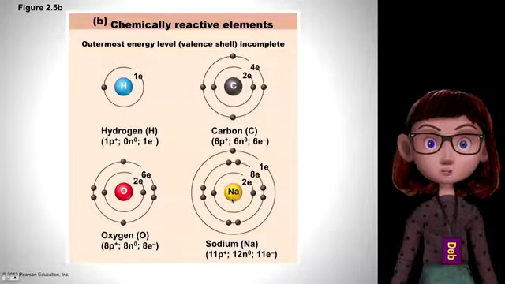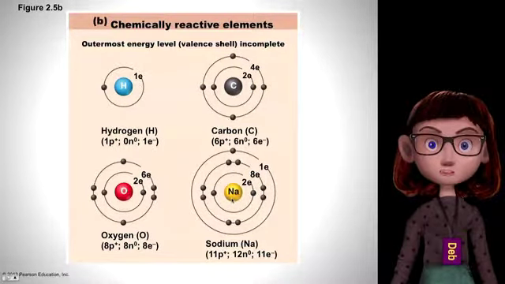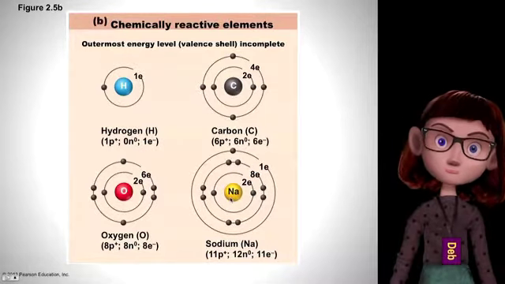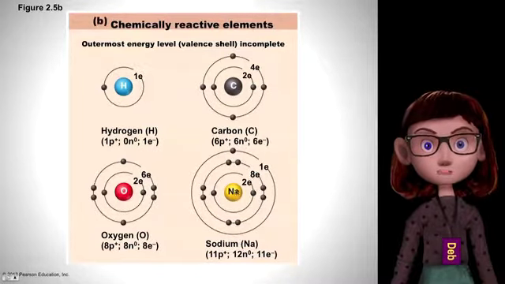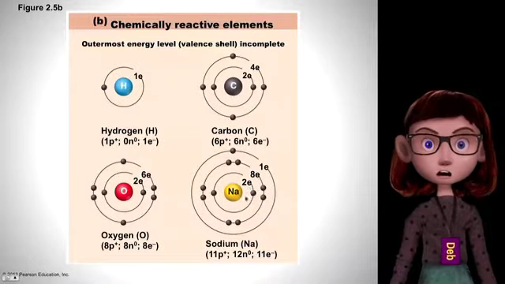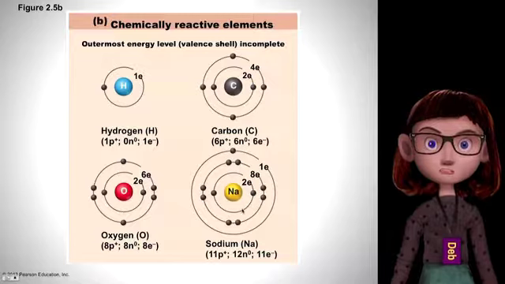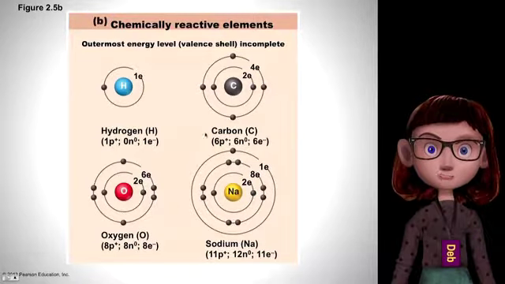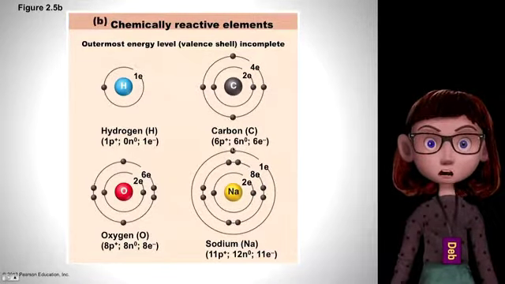Here's sodium. Now sodium has a different way to achieve a complete valence shell. Its atomic number is 11, so you see the 2 here on the inner shell, 8 on the second shell, and that makes 10, and we have 1 little electron out in this third shell.